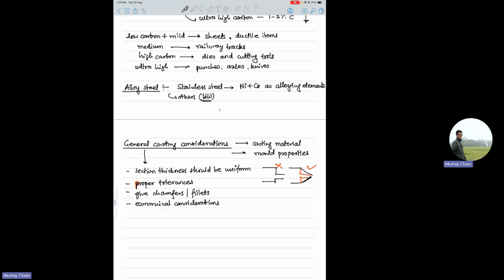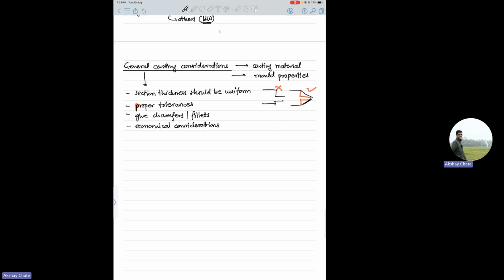And then the final topic, which is like the best one, is the casting defects. Okay, and very important as far as competitive exams are concerned, because if you know, then you know. If you don't know, you don't know. It's that kind of thing.